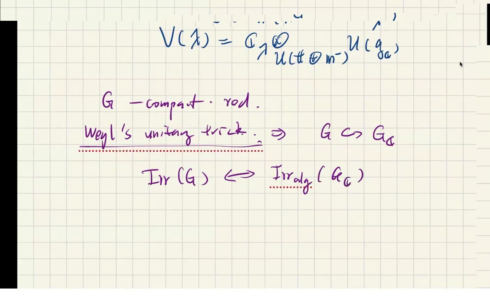And the irreducible algebraic representations of G_C are in 1-1 correspondence to the weights in the dominant chamber.